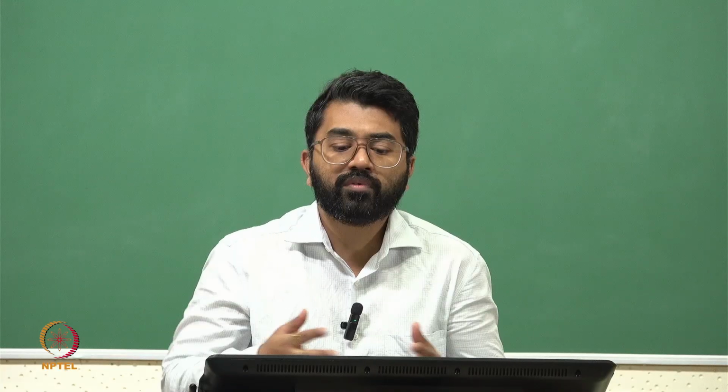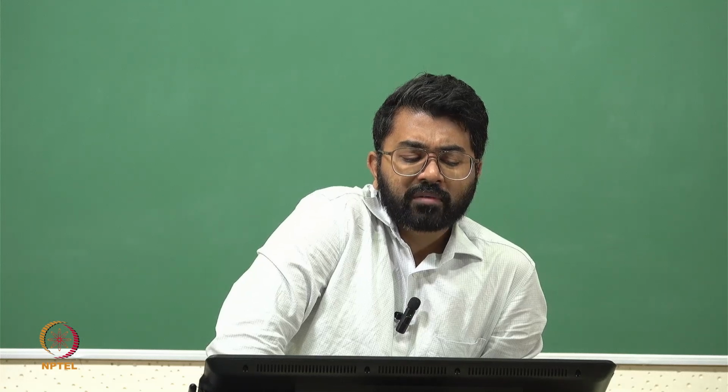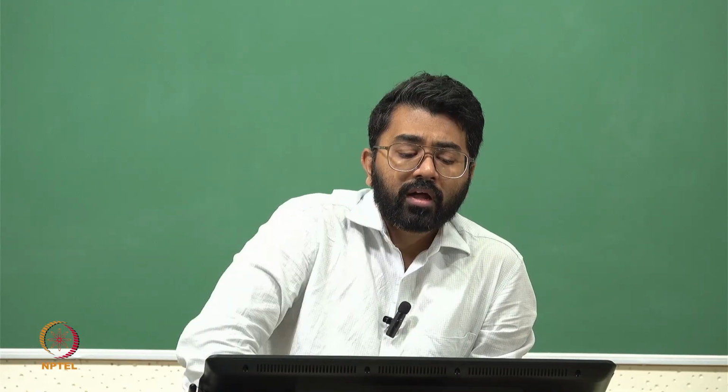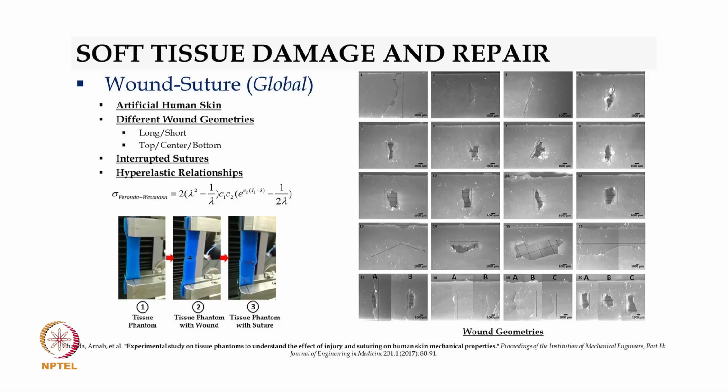We wanted to be as close as possible to the real scenario, otherwise the study is of no use. We also defined a hyperelastic relationship. I'm going to have a session dedicated to hyperelastic models. So let us skip the mathematical equation component for now, and focus on the blue region.